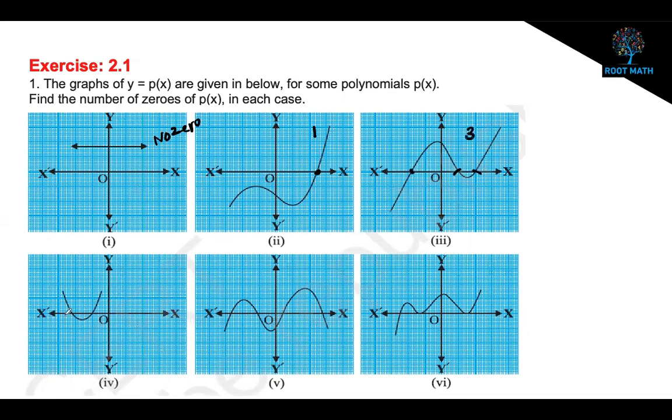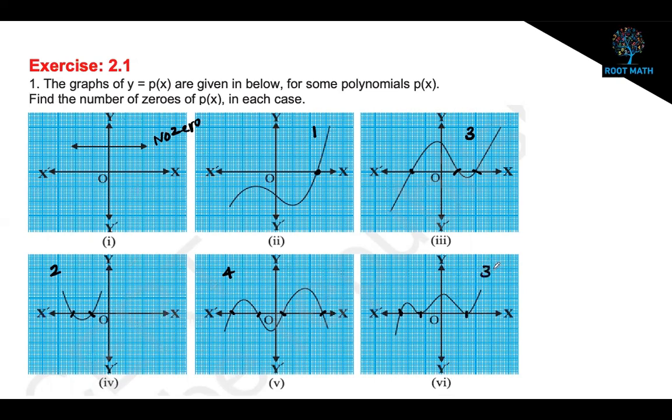So 3 zeros. And here the parabola intersecting the x-axis at 2 points, so 2 zeros, and 1, 2, 3, and 4. Here 4 zeros are there. And for this polynomial, you can see 1 zero and 1 coincident zero, and again 1 zero. So there are 3 zeros for this given polynomial.